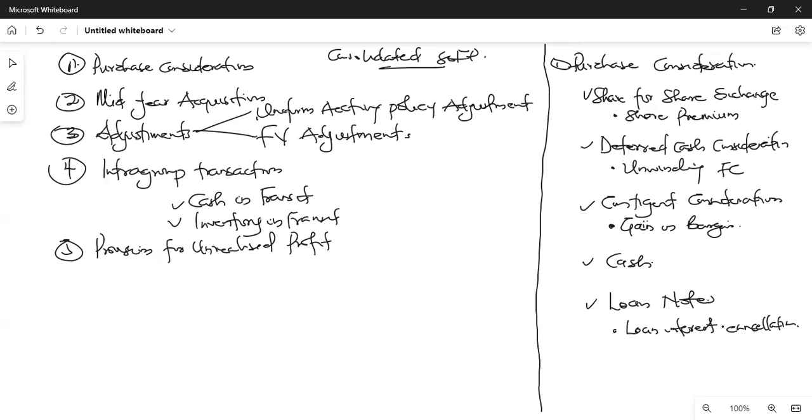Okay. So since we are looking at the share for share exchange, the purchase consideration, let's just open a fresh board and start with how to deal with those things. I'll give you some steps. The example that we did earlier is so basic, but there can be tricks in your exams.